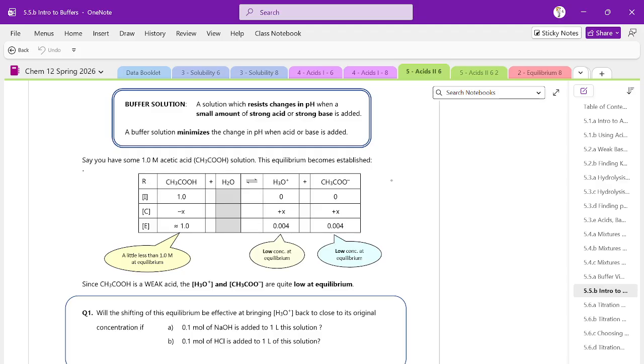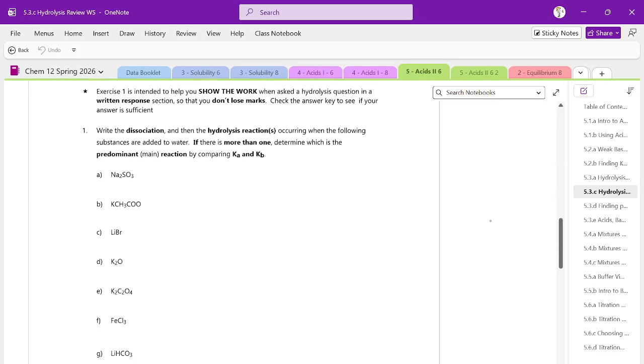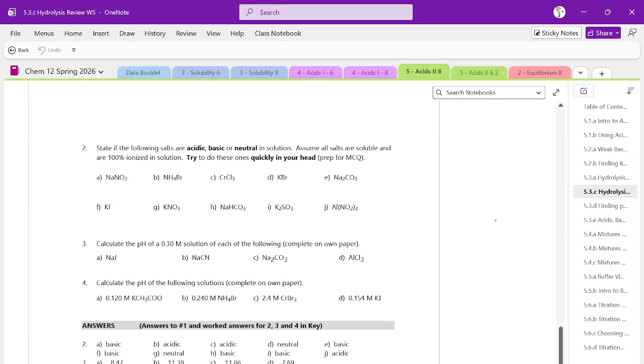Yeah, okay. So what we're going to do is, let's see, what would be good for you to do in terms of hydrolysis? The RICFA table will be on there, right? Yeah, the RICFA table will be on there. So let's take a look at that.